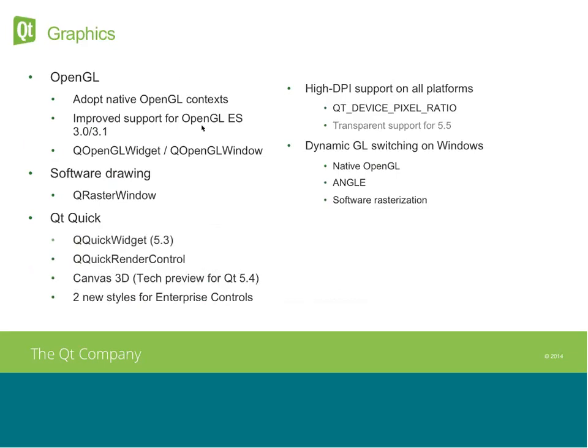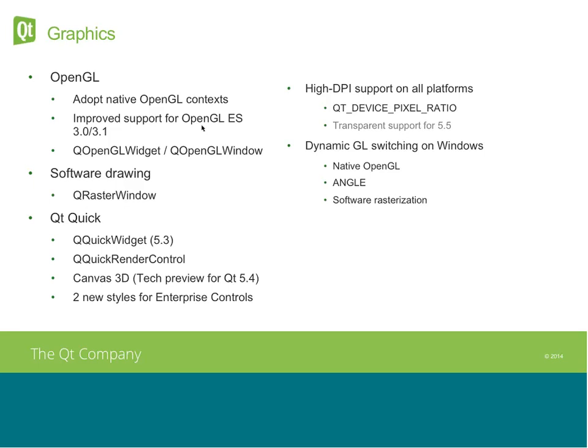With Qt 5.4, we also have done a lot of changes in the graphics area. We have done work on our OpenGL support, where we can now adopt native OpenGL contexts. We have greatly improved support for OpenGL ES 3.0 and 3.1, and we have actually created a replacement for the old QGLWidget class called QOpenGLWidget and QOpenGLWindow.